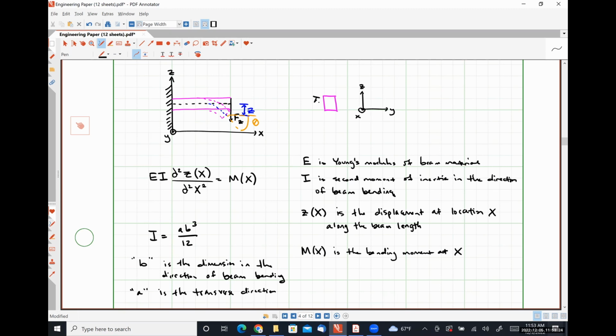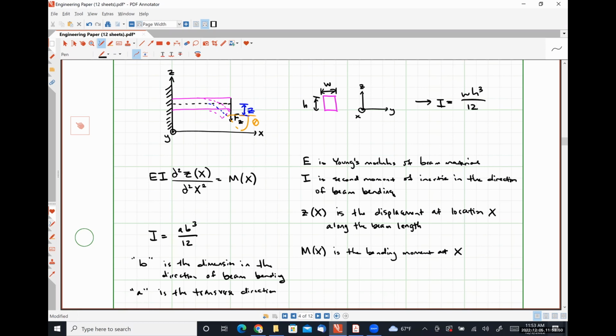So let's call this the height. And this the width. Our second moment of inertia for this particular structure, where we're assuming bending is happening in the Z direction, is going to be WH cubed over 12.